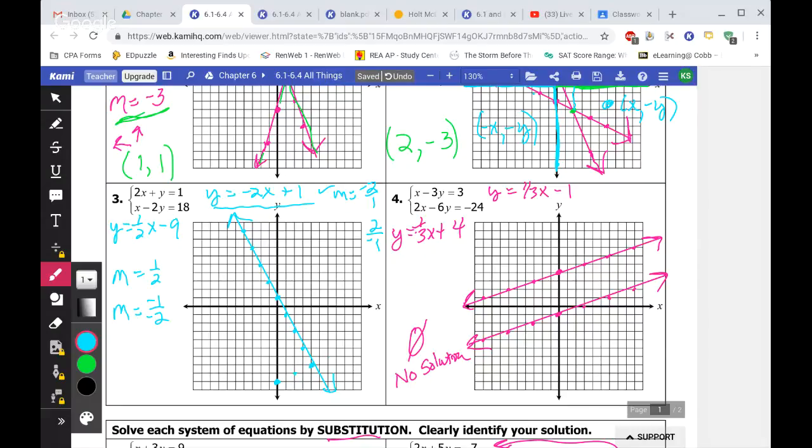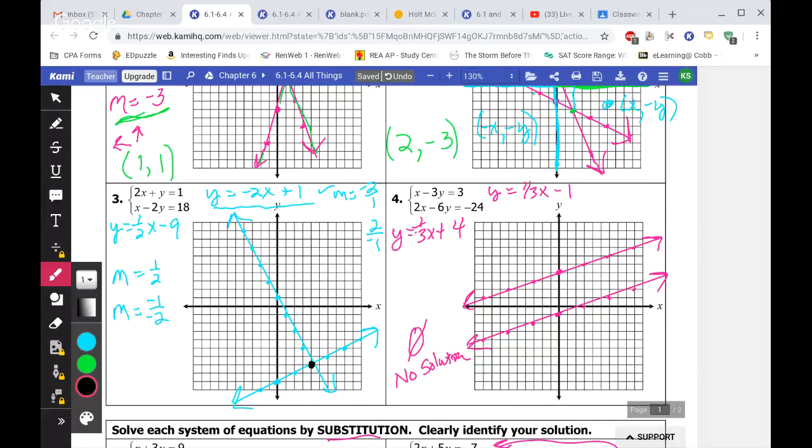But if I went down 1, that's negative, I would have to go to the left. So these lines intersect right here.